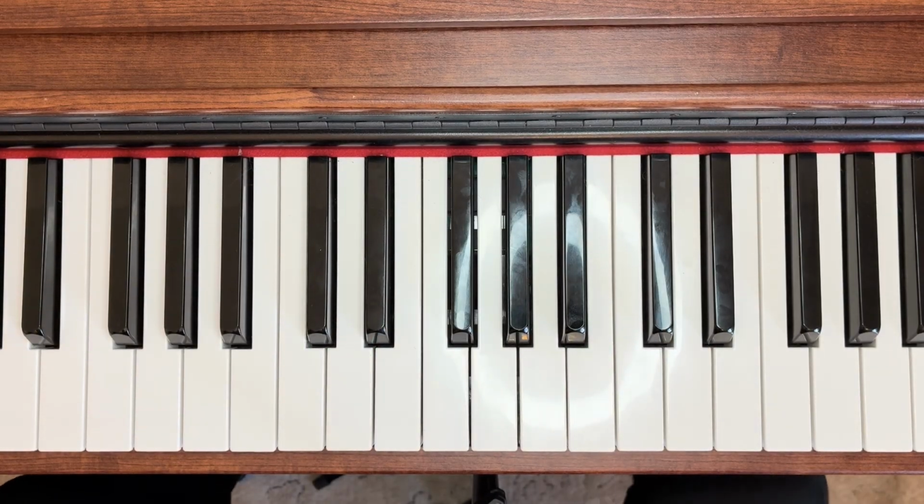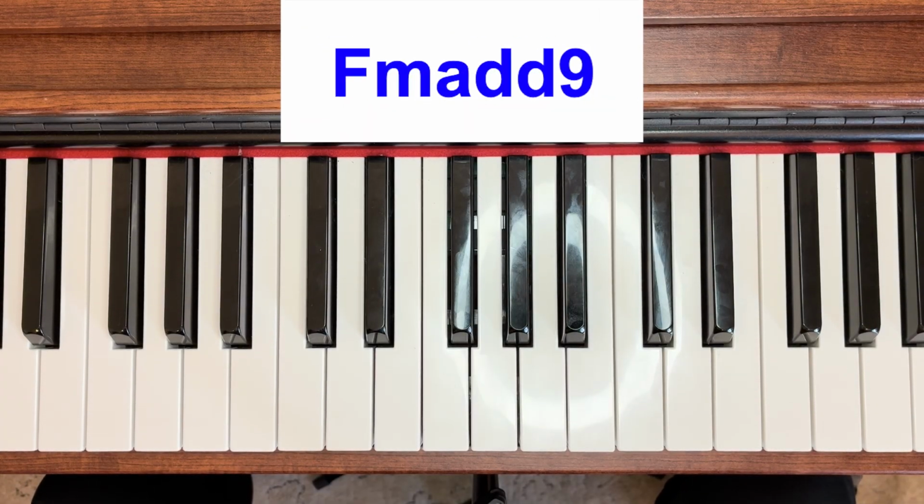All right, and I believe pretty much all these chords in this song, they used a lot of add 9s. Our next chord that follows this would be F minor add 9. So F minor add 9. Let's think about the notes that'd be in that chord.